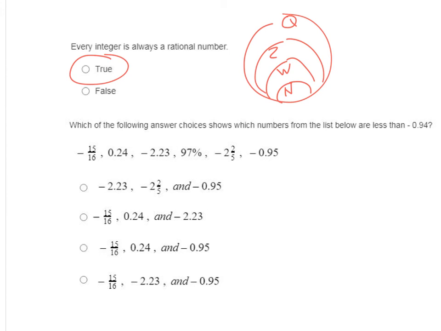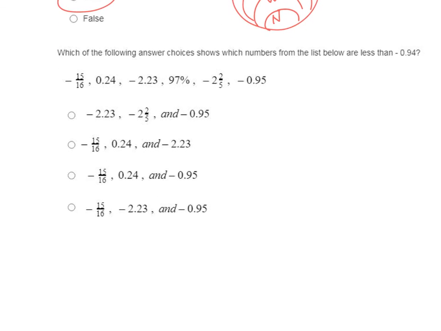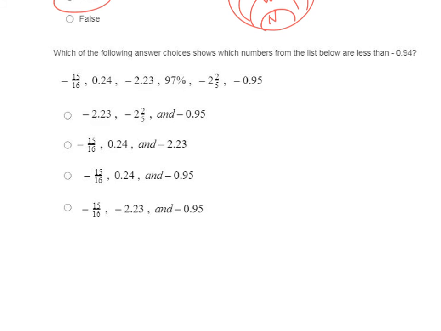The last one looks a little busy, but still, I'm ordering or comparing numbers that are not in the same form right now. So the first thing I would want to do is put them into the same form, so then I can decide which of the numbers in the lists are less than -0.94.